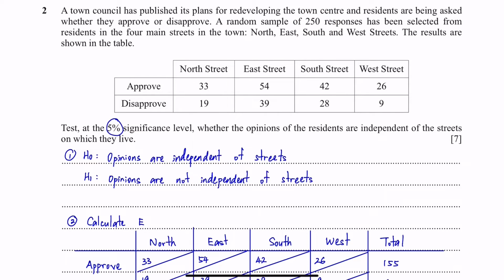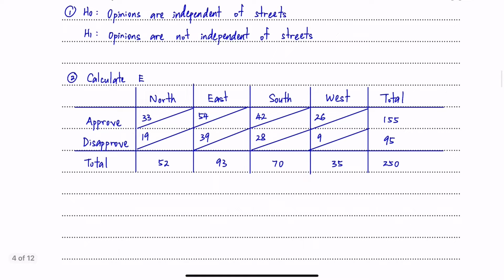And now I will calculate the e-value. So e-value is the total number in the row times the total number in the column divided by the total number of samples. So let's say for this e-value, I would take 155 times 52 divided by 250.